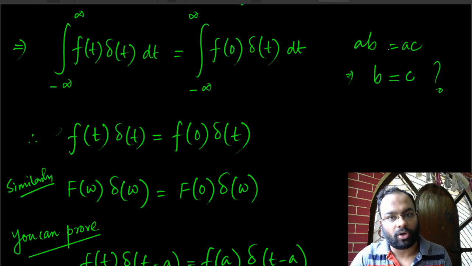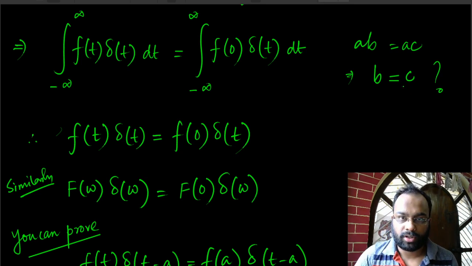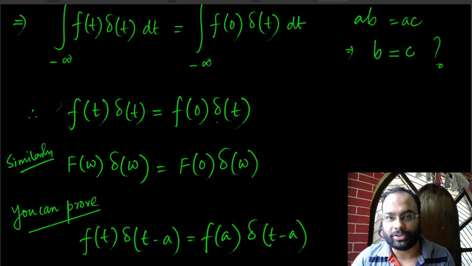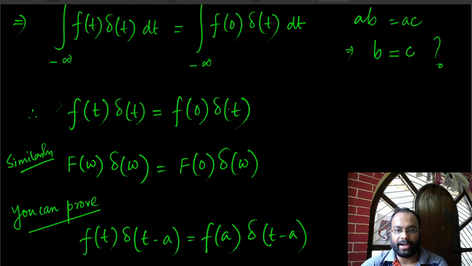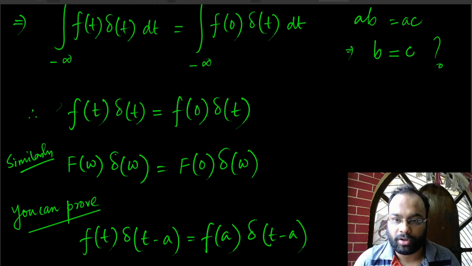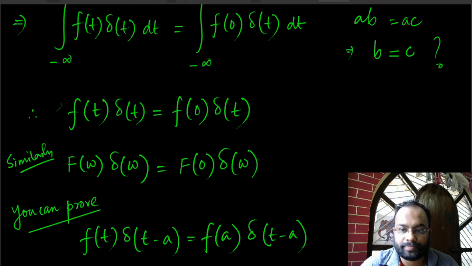And delta(t) is 0 for every condition other than t equal to 0, right? So you cannot just cancel out delta(t) from both sides, because it's a zero quantity for any value of t other than 0, and only for t equal to 0 is it valid.